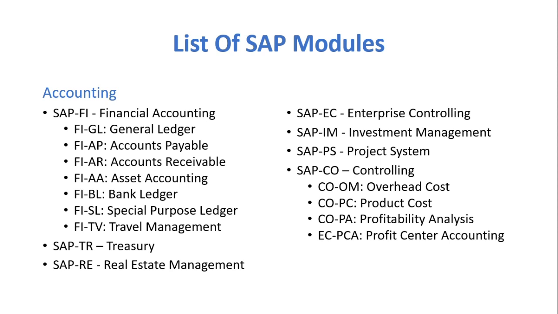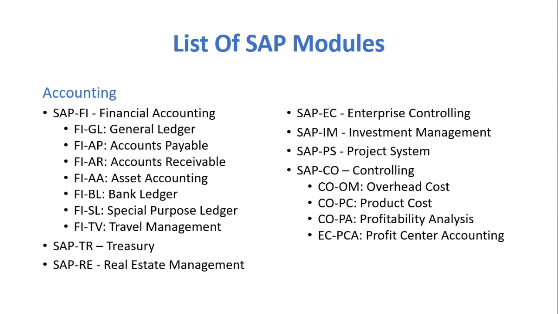Then treasury will be there, it's separate. Then real estate management, then SAP EC, enterprise controlling, investment management, project system. Those are different modules. Then controlling, here we'll get the cost or the product cost, profit center accounting.